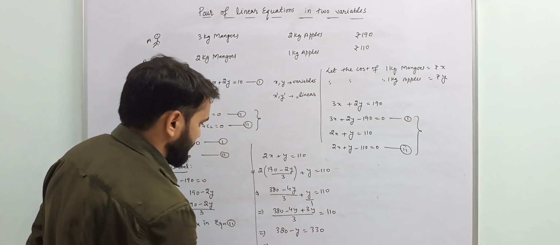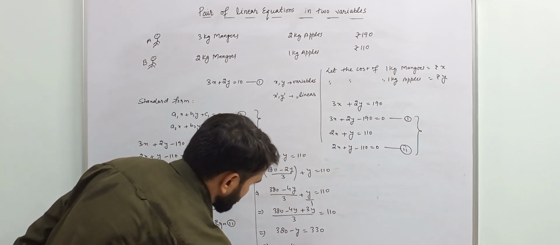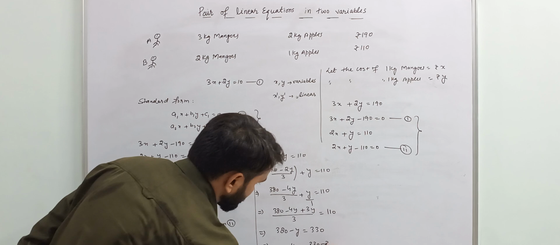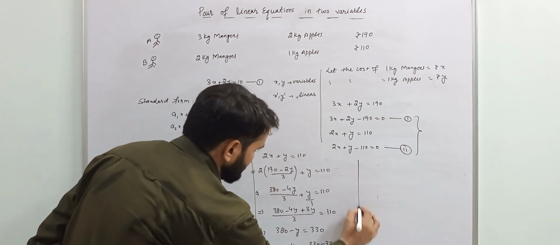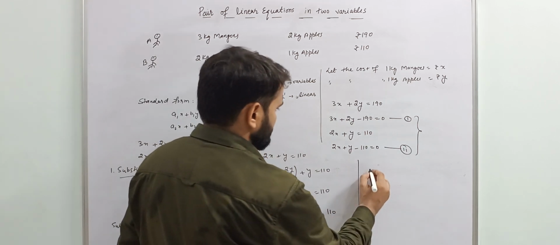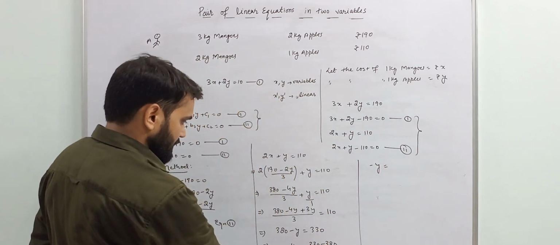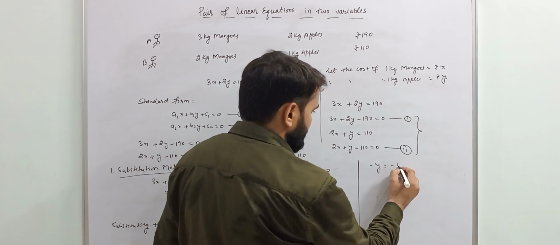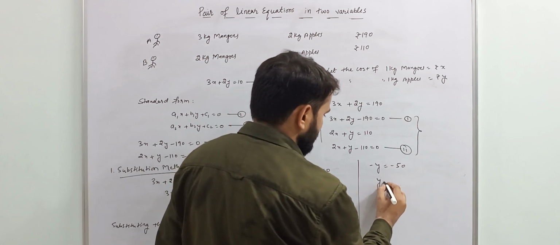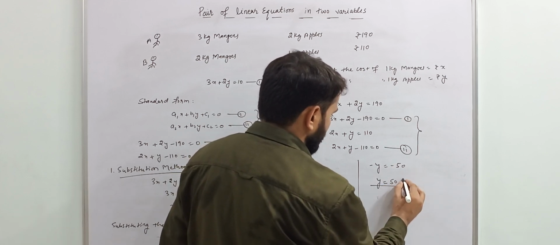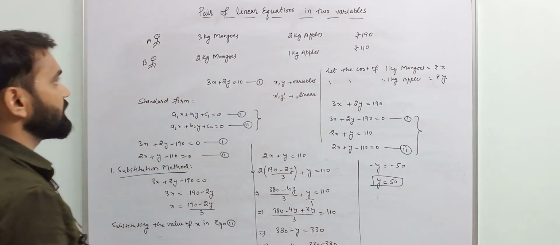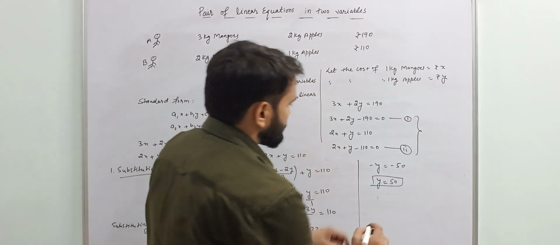From here minus y is equal to 330 minus 380, simple transposition. So minus y is equal to how much? 330 minus 380, that is minus 50. So y is equal to 50. That means the cost of 1 kg of apple is 50 rupees.